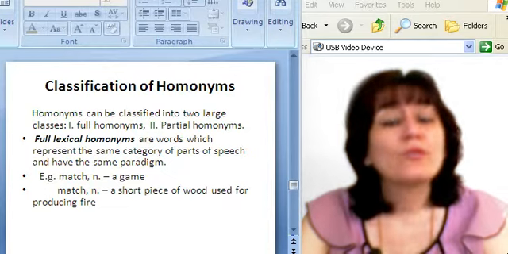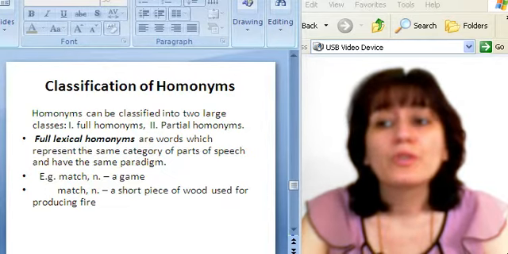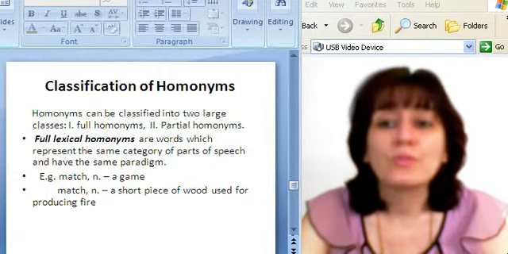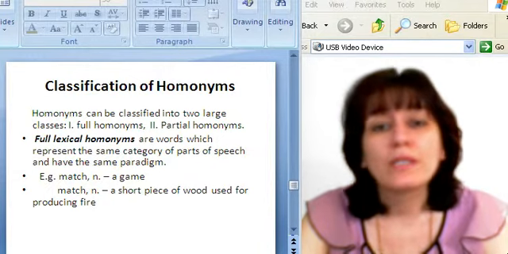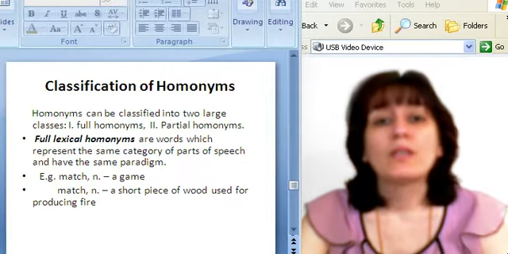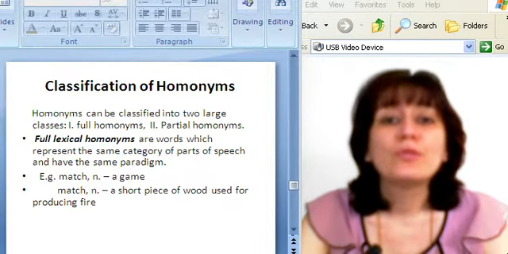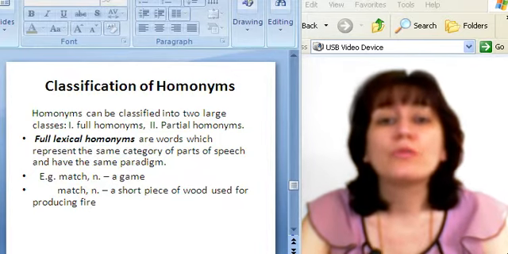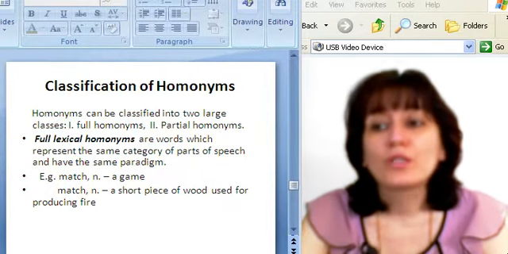And also, the paradigm of each word should be considered because it has been observed that the paradigms of some homonyms coincide completely and of others only partially. Accordingly, homonyms can be classified into two large classes, full homonyms and partial homonyms.